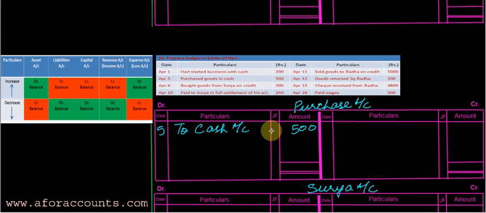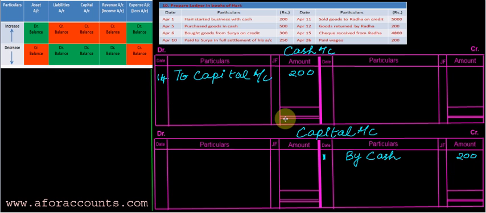So when in purchase account I write to cash, purchase account debit to cash, in cash account I will write by purchase. On 5th I need to write by purchase. How much? 500. So the second entry is also done.